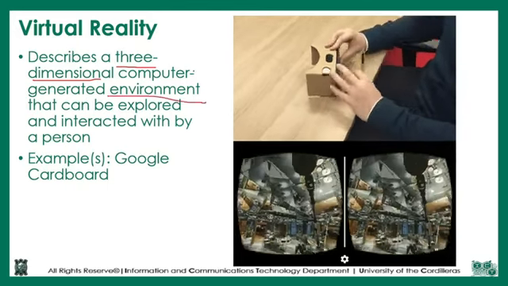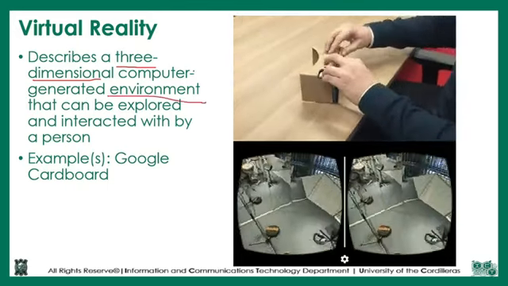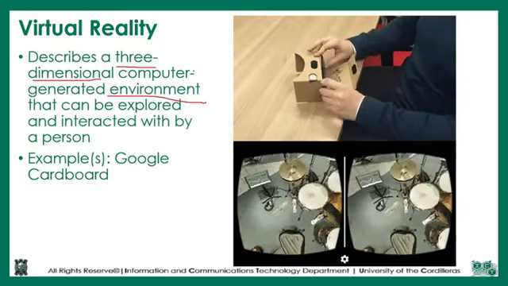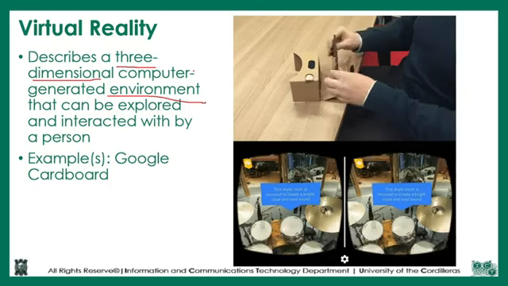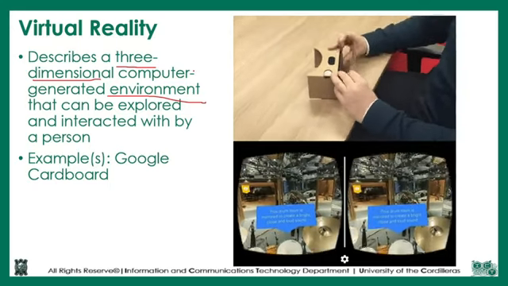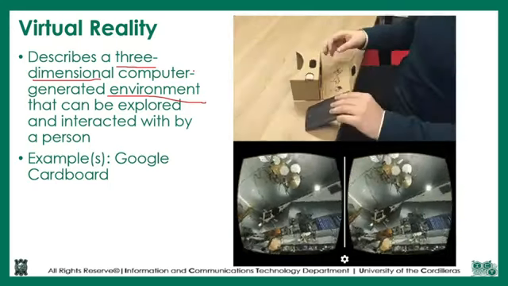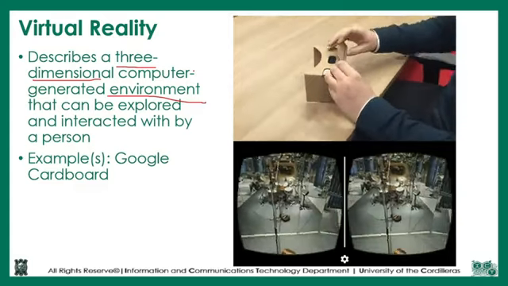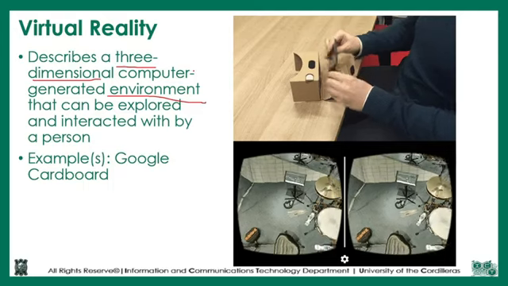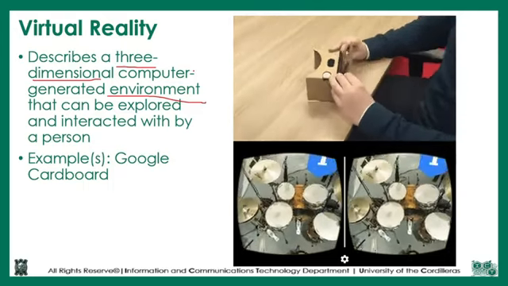So everything that you see in the virtual world or in the virtual, let's say, goggles is all computer generated. Yes, it may resemble real life locations, real life items or devices, but what you're seeing is still all computer generated.